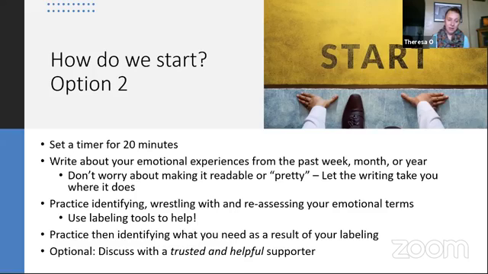But as you're doing that writing, practice identifying, wrestling with, and reassessing what your emotional terms are. Again, use those labeling tools like the ones we showed before. So maybe you're writing about how you went into the office and stubbed your toe and it made you feel some kind of way. As that story continues, maybe you're reassessing that with a different term.